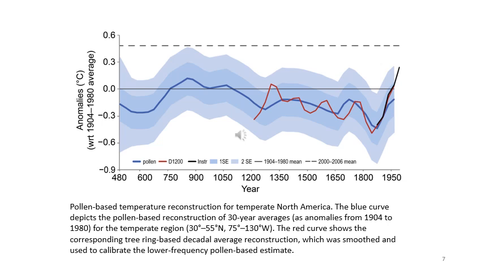They're also smoothed and used to calibrate the lower frequency pollen-based estimates. And so you can clearly see that what we have experienced in the past century looks very different from the natural variability that we see in the pollen data and in the tree ring data over the previous centuries.